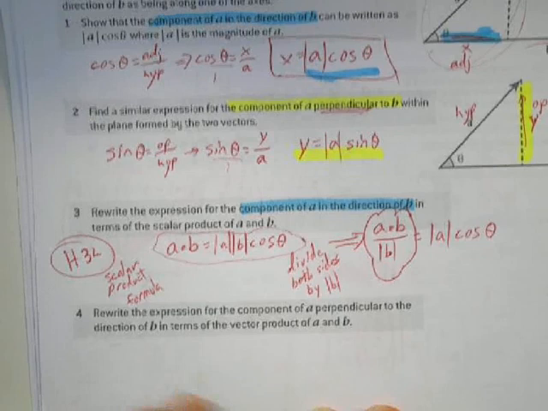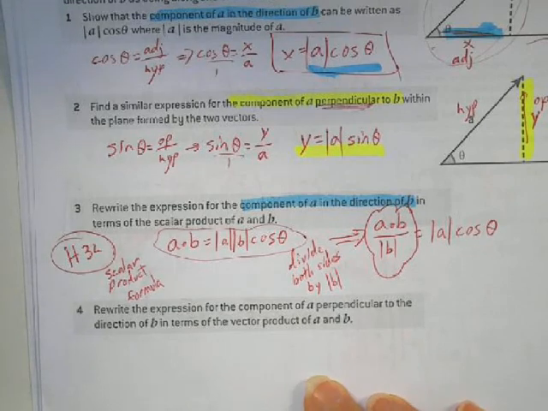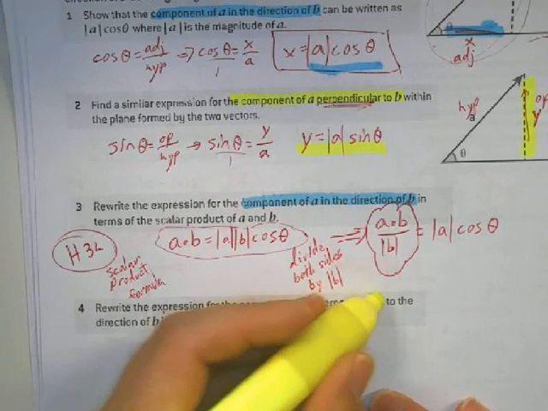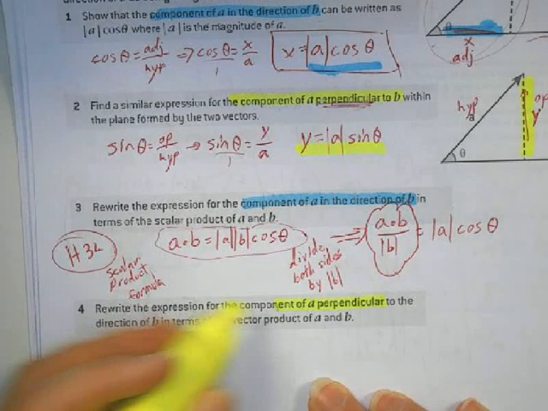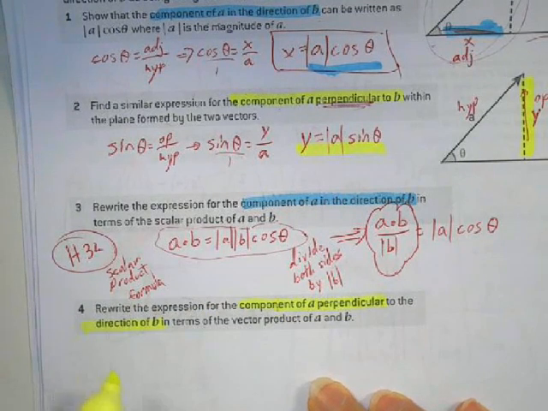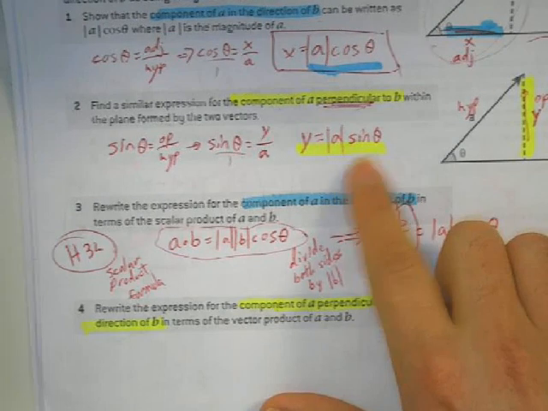Okay, rewrite the expression for the component of A perpendicular to B. So same process. We're trying to rearrange it to look like this.